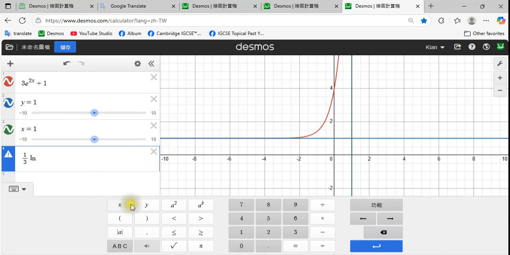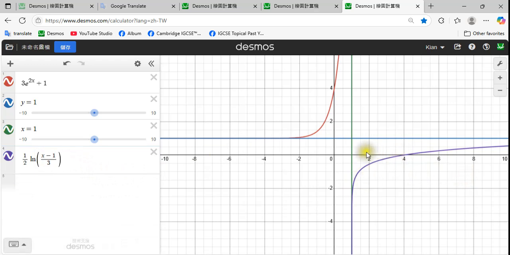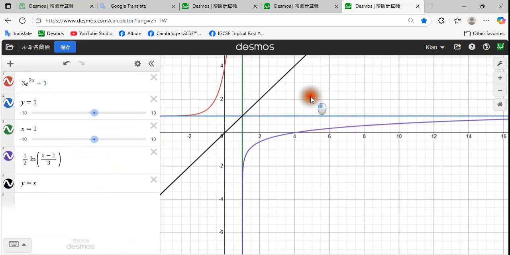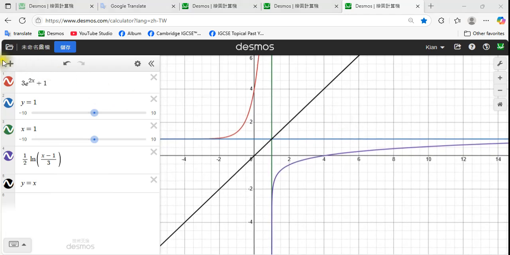Oh no, it should be x minus 1 over 3, with 1 over 2 in front. Okay, so these are asymptotes, and then y equal to x is the axis of symmetry.